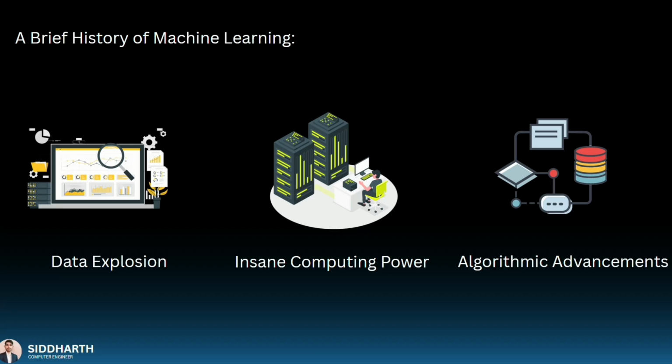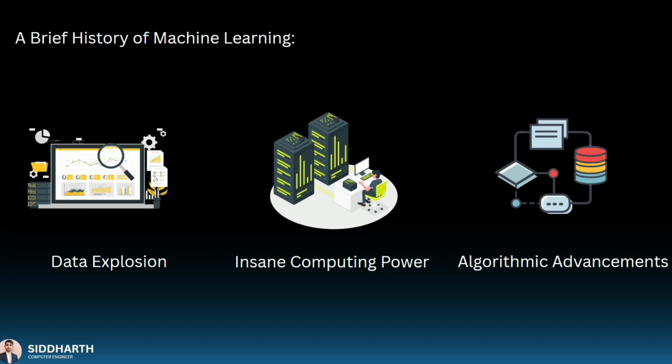Insane computing power. GPUs and TPUs now let us train deep models in minutes, which earlier took days or were just not possible. Algorithmic advancement. Better models like random forests, support vector machines, and now deep learning have become more powerful and reliable.